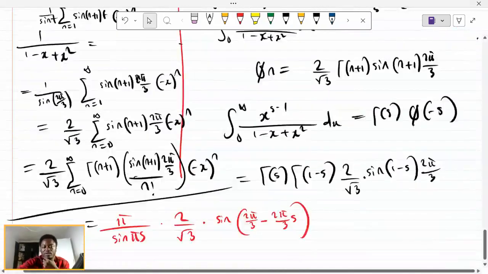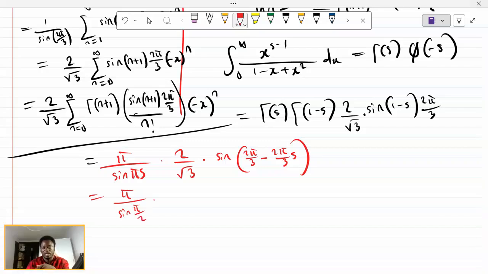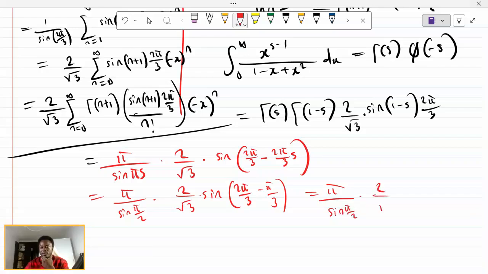So this will be pi over sine of pi over 2, then multiply by 2 divided by square root of 3, then you have times sine of 2 pi over 3. S is half, so you have minus pi over 3, which is basically pi over sine pi over 2 multiplied by 2 over square root of 3, then you have sine pi over 3. So sine pi over 3 is going to be square root of 3 over 2.